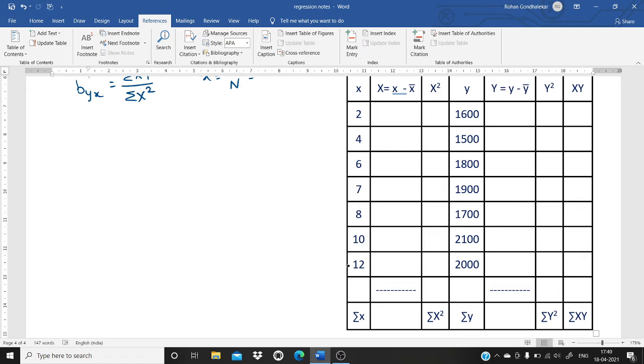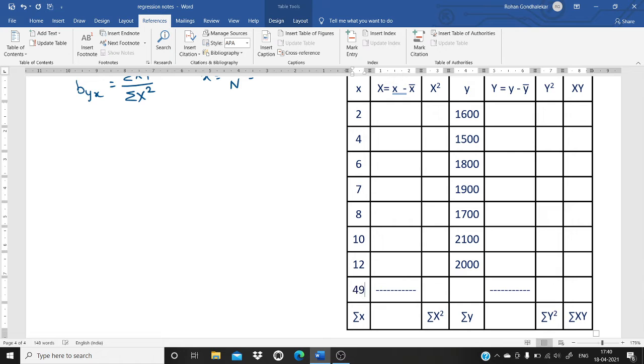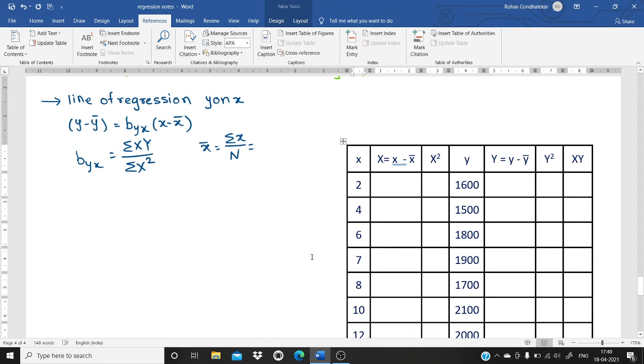So summation of x is 49. Hence 49 divided by how many values do we have? 1, 2, 3, 4, 5, 6 and 7. So divided by 7, x bar will be 7.